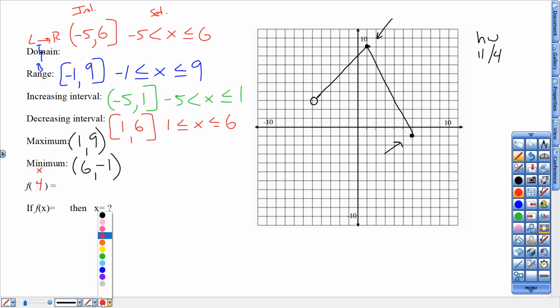You find the corresponding y number on that graph. So here I go, find x is 4 on the x-axis. When I find that, go straight up until you hit that line, or down. And when you come in contact with that line, look right to the left to see what that y number is. Looks like when f of x, when x is 4, the y number is 3 right there.